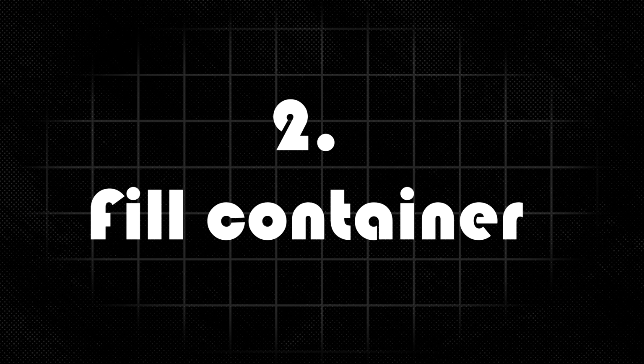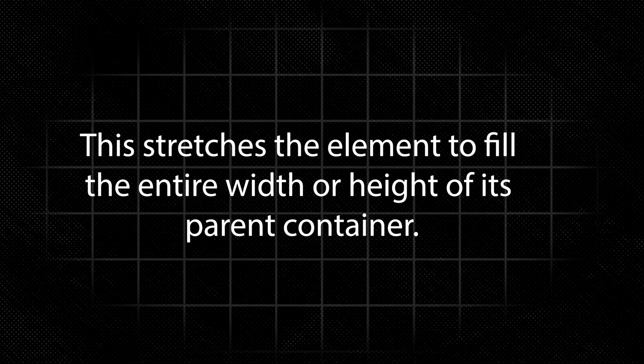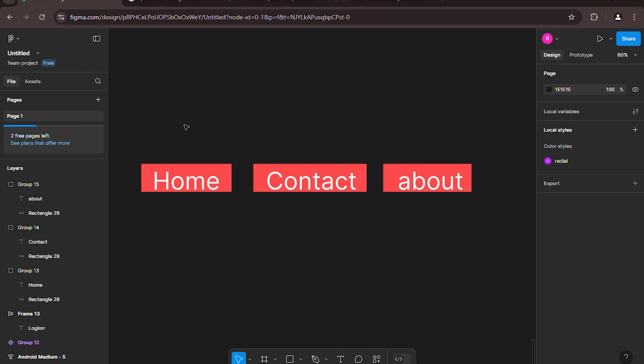Second, fill container. This stretches the element to fill the entire width or height of its parent container. Great for headers, footers, or navigation bars. Let's again take an example for it.